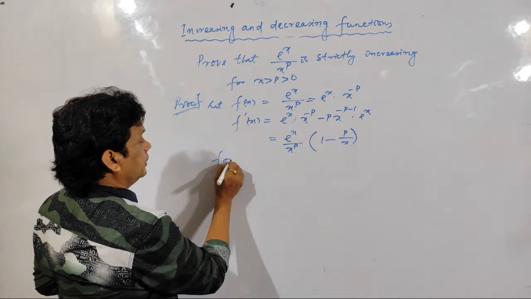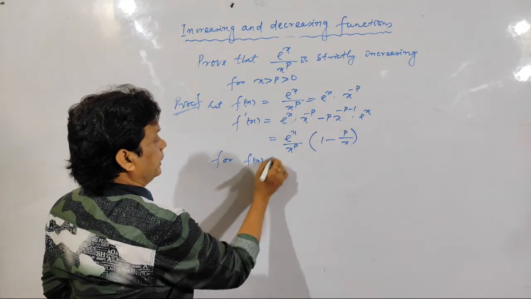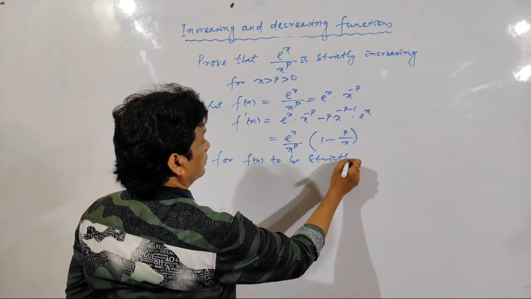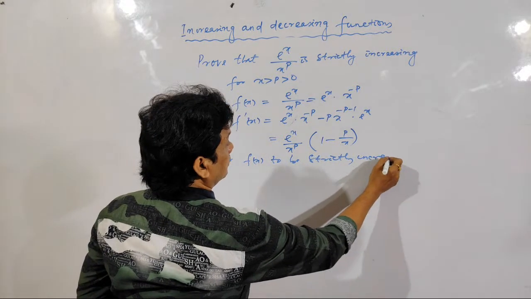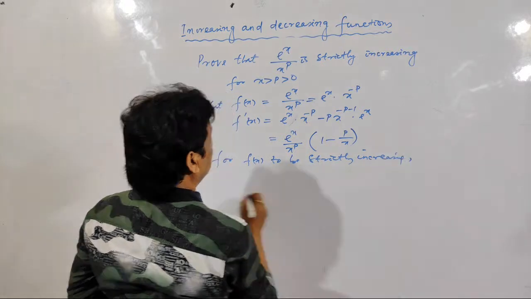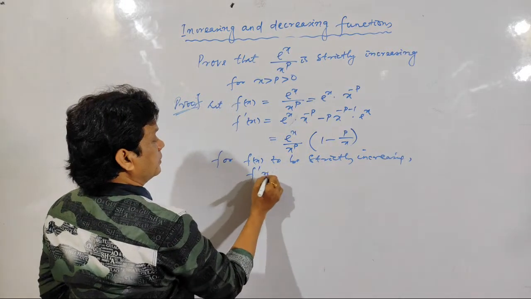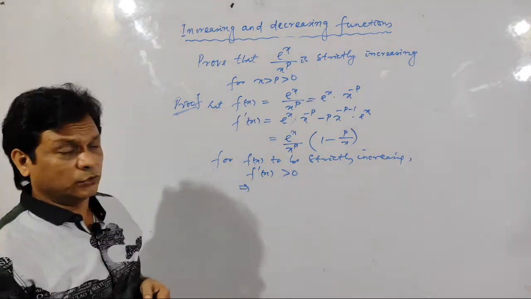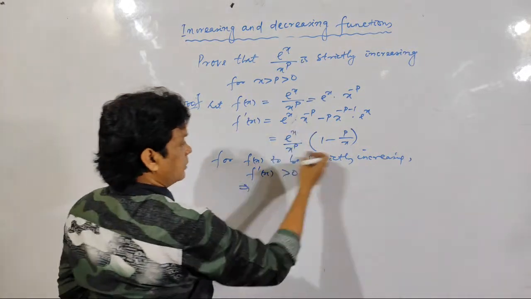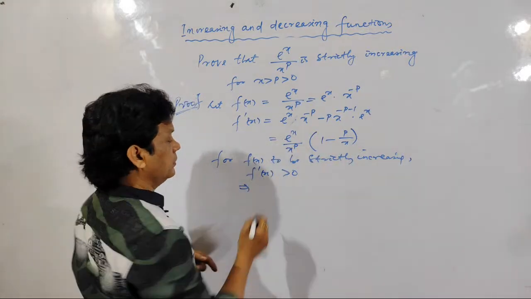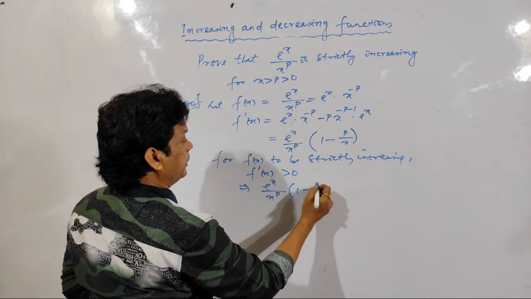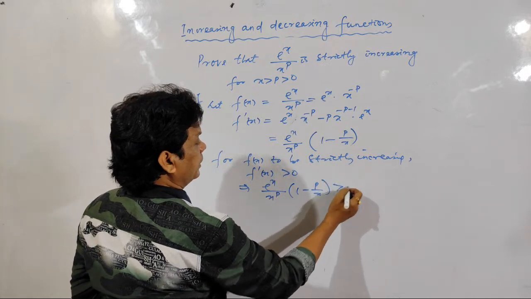For f to be strictly increasing, f dash x should be greater than 0. And that means this quantity is greater than 0. That means e to the power x by x to the power p into 1 minus p by x should be greater than 0.